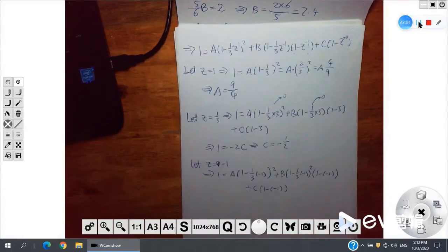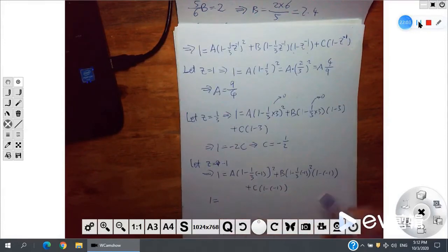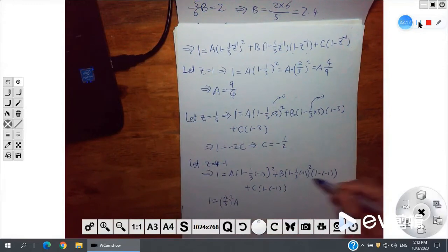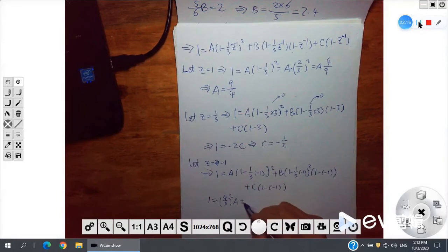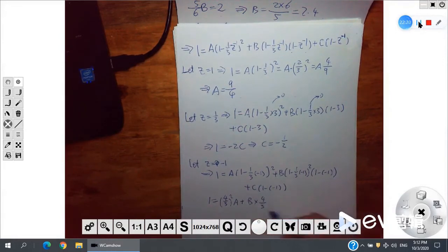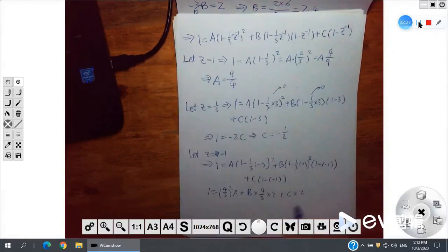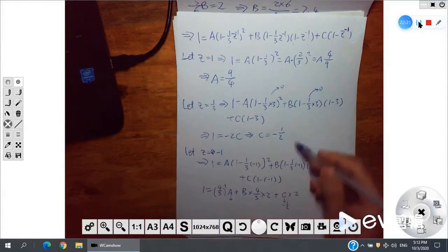Alright, so 1 equal to, this is 1 plus 1/3, so it's 4/3 squared times a, right? And the b, this is also 4/3, so b times 4/3 times 2, and c times 2, and we know c is negative 1/2. A is 9/4.